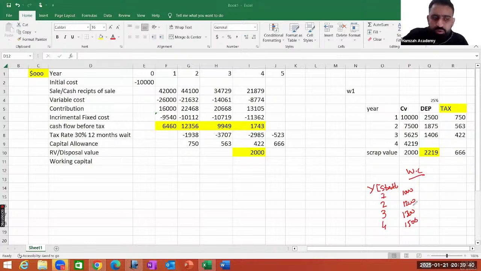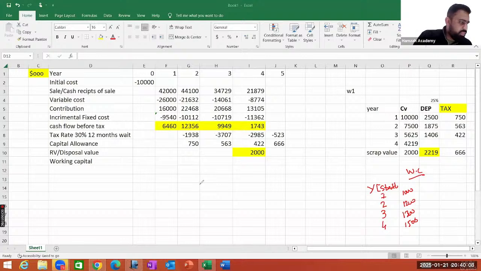This value will be given, but it will be given as the amount required at the start of the year. Now, in the NPV table, the start of the year is considered as the end of the previous year.